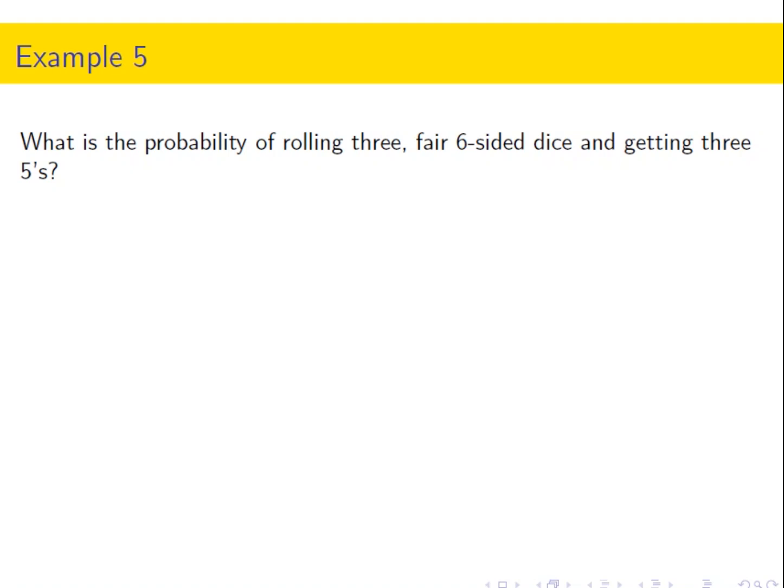The final question we're going to look at is a Cartesian product. What is the probability of rolling 3 fair 6-sided dice and getting 3 5s? Well, we have a Cartesian product, right? We have a dice roll which has 6 outcomes, crossed with another dice roll of 6 outcomes, crossed with another dice roll, right?